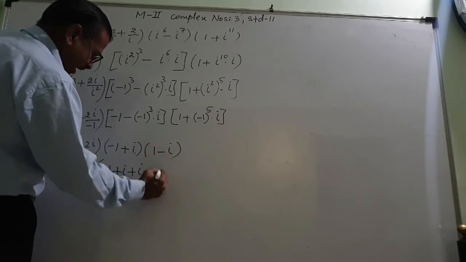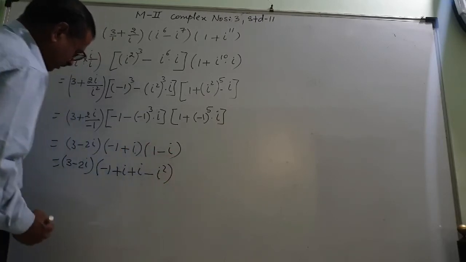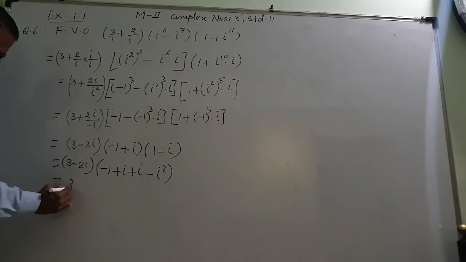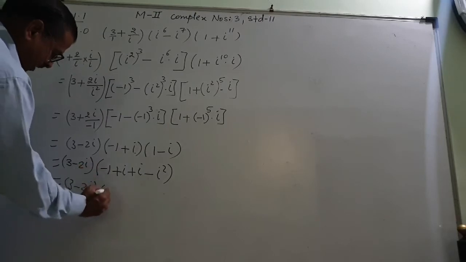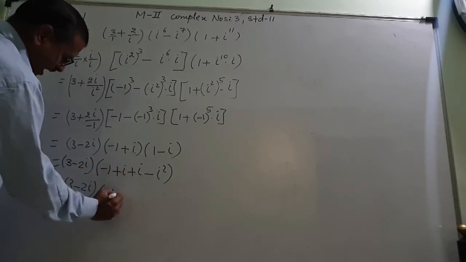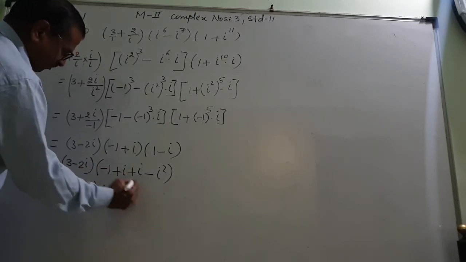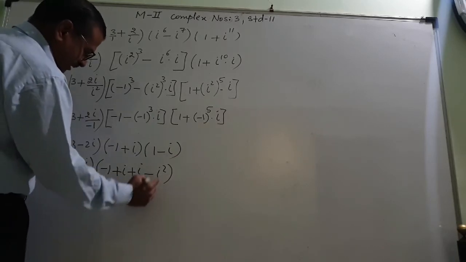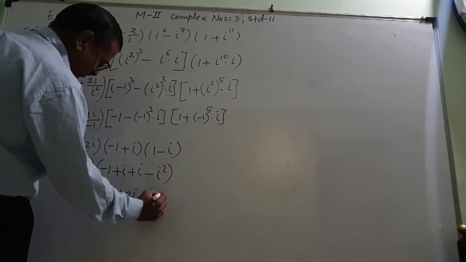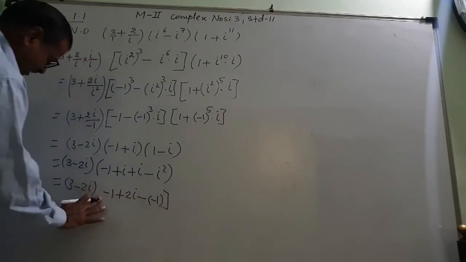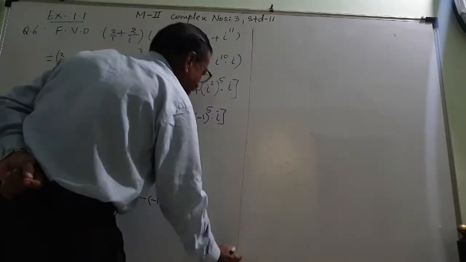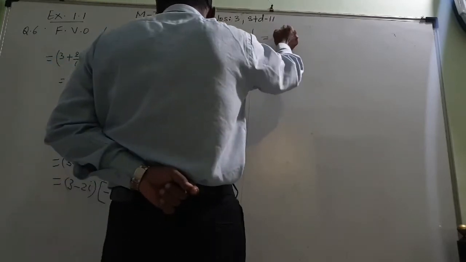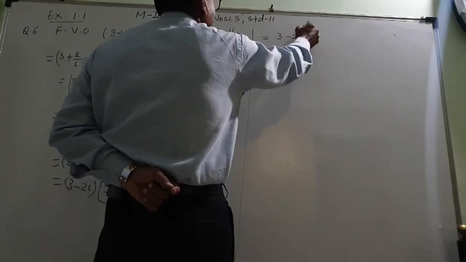i into i square. So that is equal to 3 minus 2i. This is just a lengthy sum, nothing else in that. This is minus 1. i plus i, 2i. This is minus. i square means minus 1. I will change the bracket here. So this is equal to 3 minus 2i.